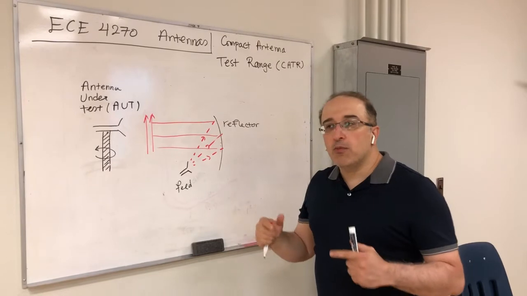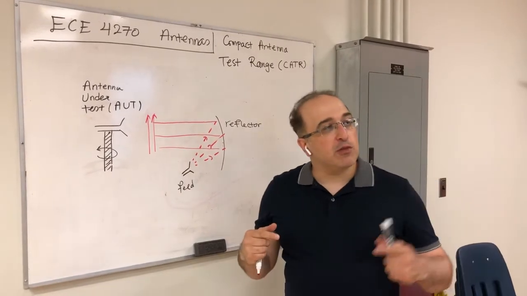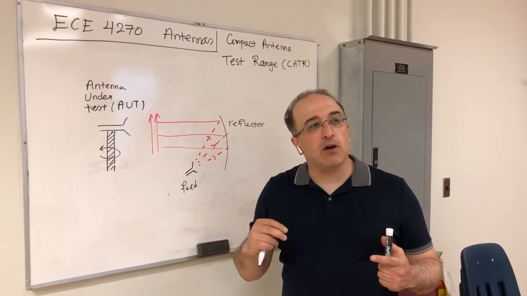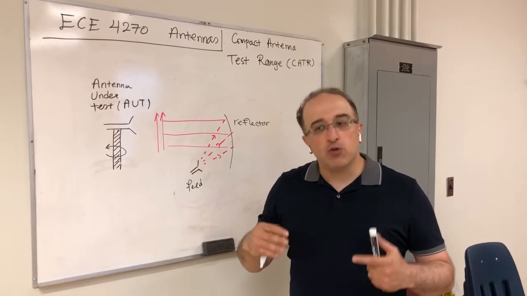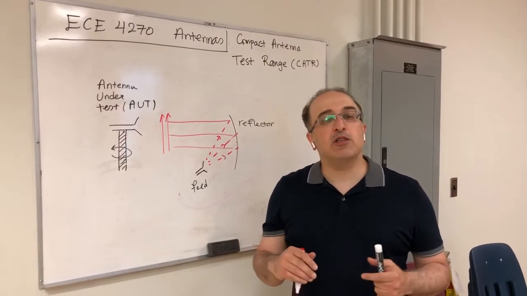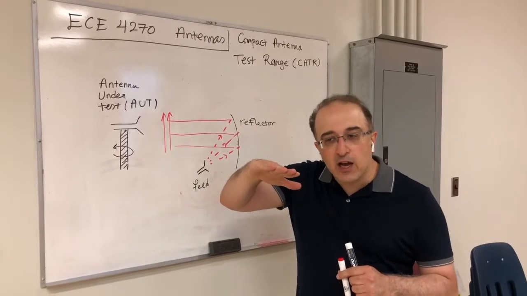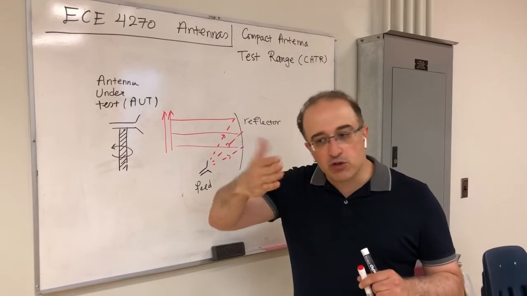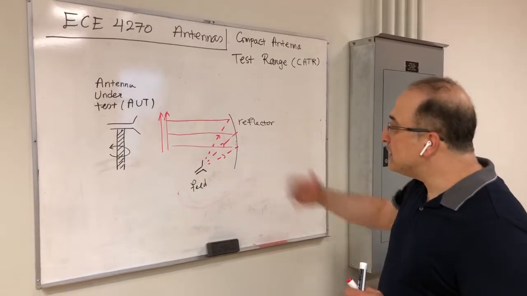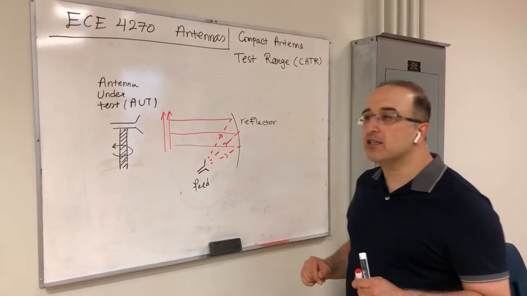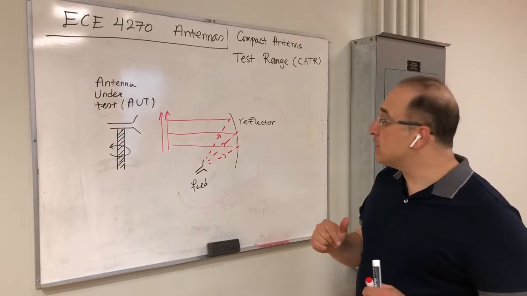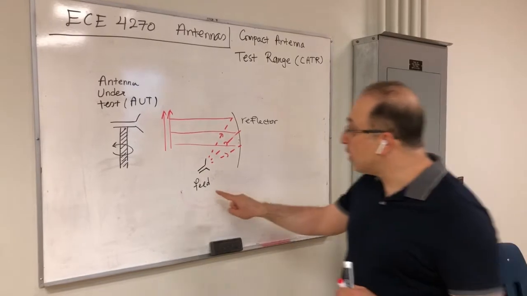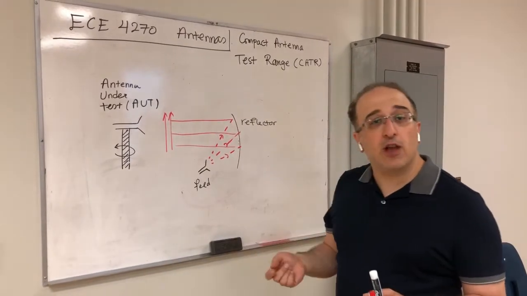When we were performing different types of measurement using the LabVolt training system, to perform cross-polarized measurement or to change the polarization of the transmit antenna, we would simply manually rotate the Yagi-Uda antenna 90 degrees to change the polarization. Now, with this system, if you want to change the polarization, you use the computer of the system, and using the computer, you command the feed to rotate 90 degrees.